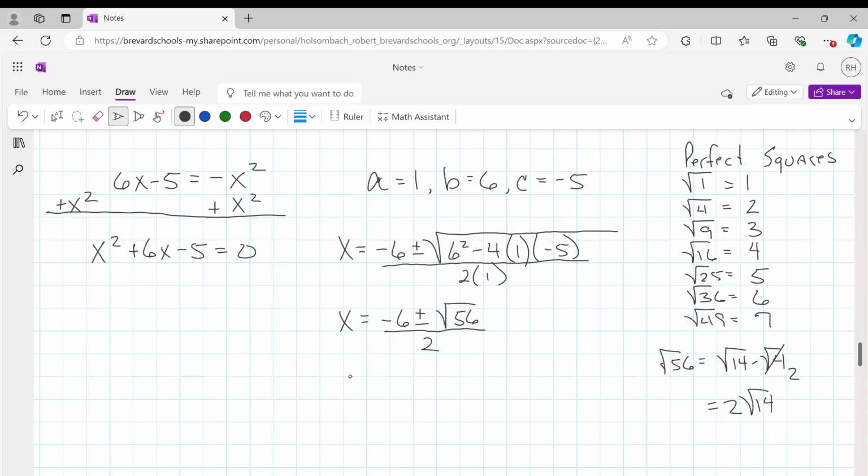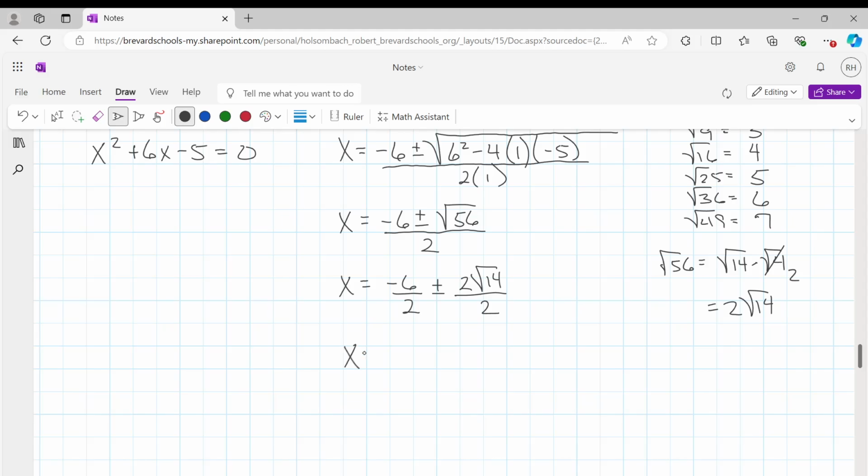All right, so our x is equal to negative 6 over 2 plus or minus 2 radical 14 over 2. This 2 in the denominator goes with the whole number and it goes with the radical. Now, we can simplify both of these.